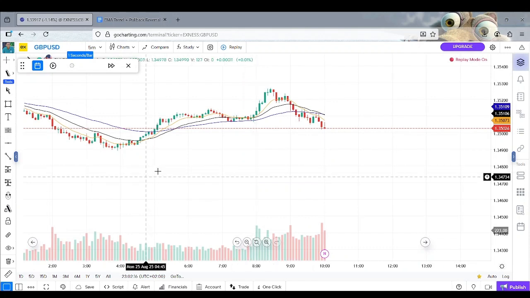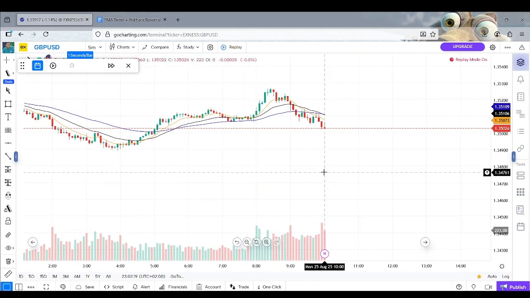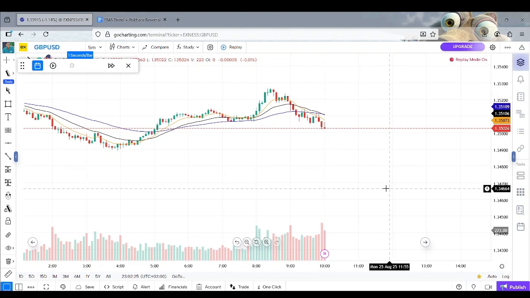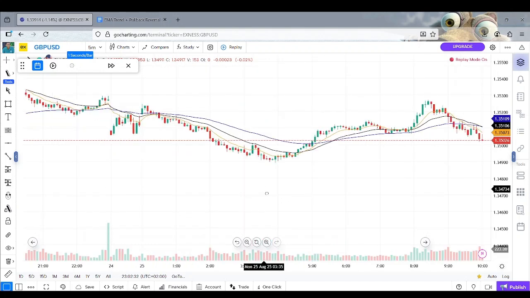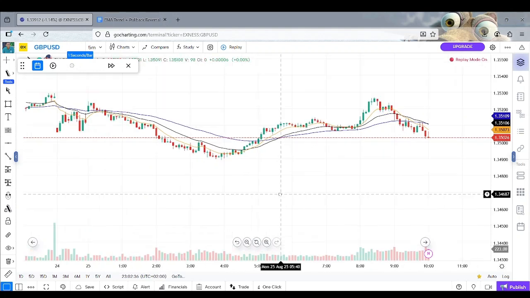It has been the weekend and we are back on the 25th August, and London has just opened. Well, it seems we're about to shift bearish because the Tokyo session has been all over the place.